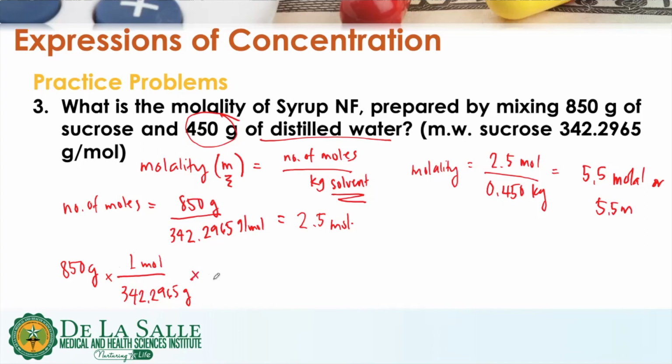Next is we divide from it the weight of the solvent used, which is distilled water. So we just need to multiply it by the inverse of the weight of the solvent and convert that weight into kilograms. So we also get the same answer, 5.5 molal.